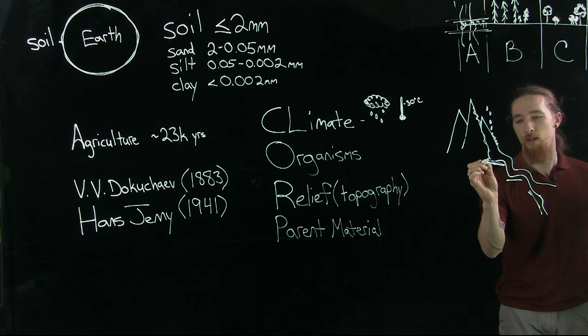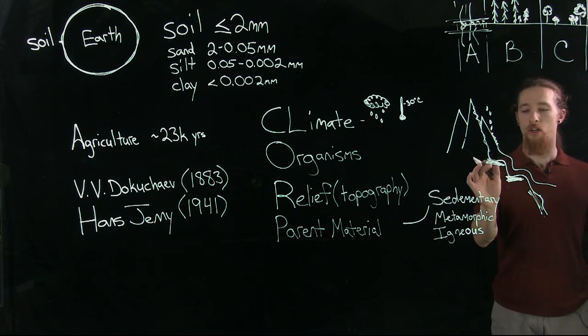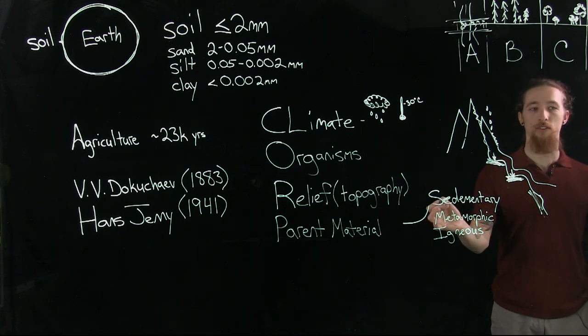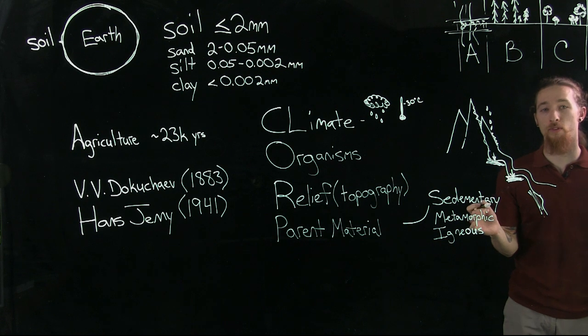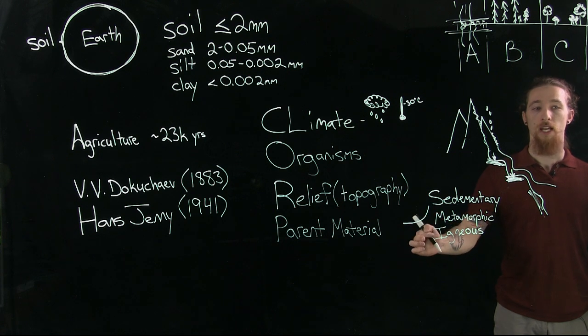And then over time, more sediment. And so as the river's flowing and particles are being deposited, we're getting the formation of sedimentary rock, which, if you remember from your basic geology course, is one of three basic types of rock: sedimentary, metamorphic, and igneous.